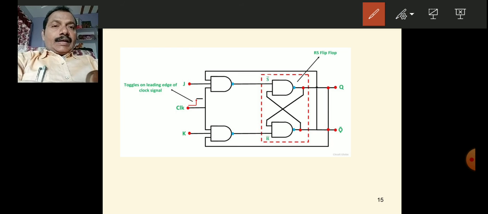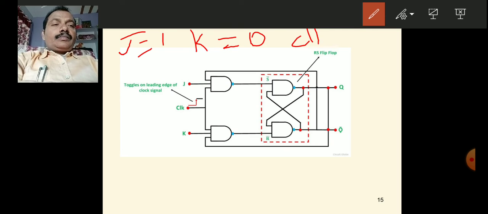Let us take another combination, J equals 1 and K equals 0. Clock is 1. In this case, here 1, clock is 1, J is 1, and we don't know Q bar. Here K is 0 and Q we don't know, clock is 1.